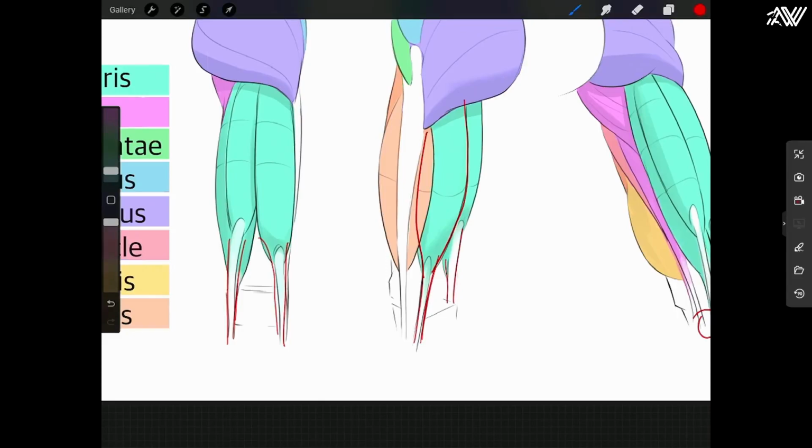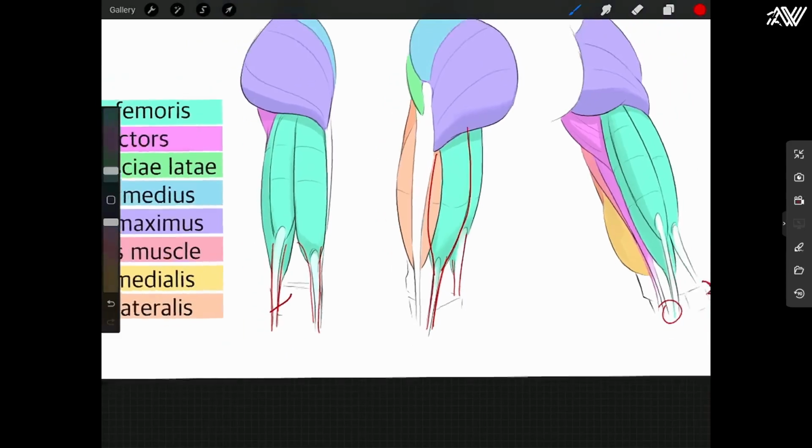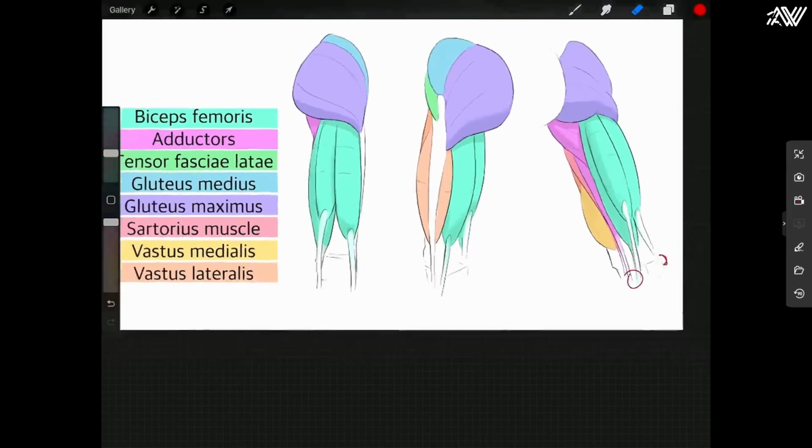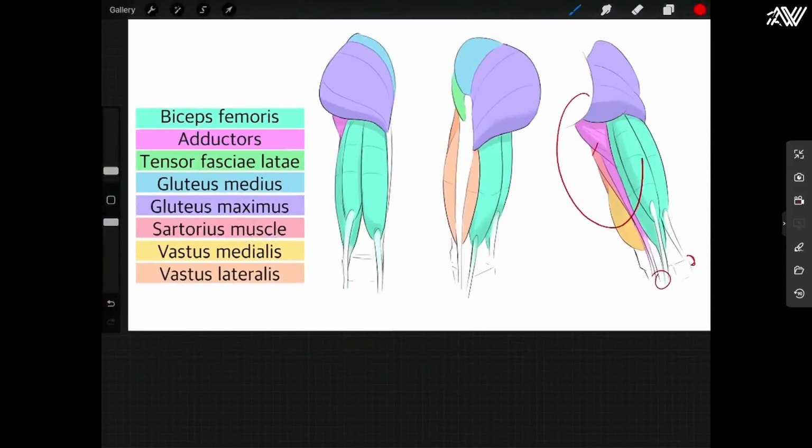You can feel both of those tendons at the back of your knee, right? Those are the tendons of the bicep femoris. So it's a relatively important muscle to remember because it will make up a huge part of the silhouette of the leg.